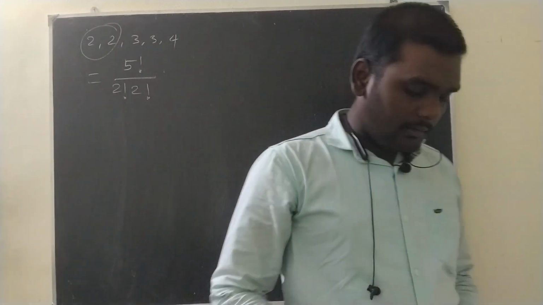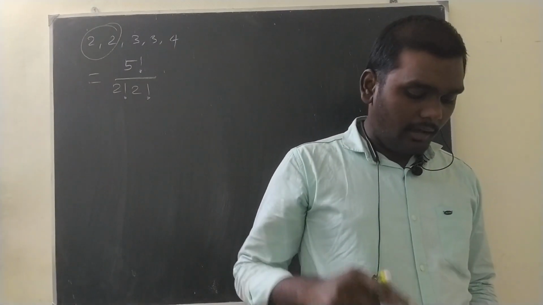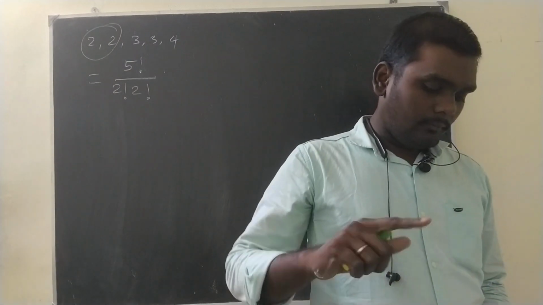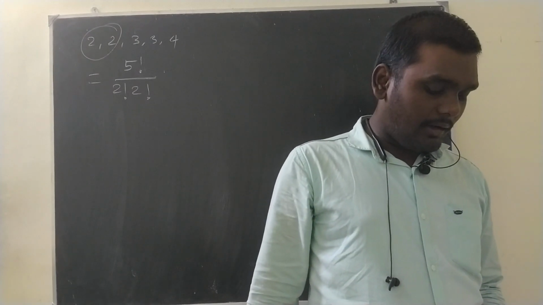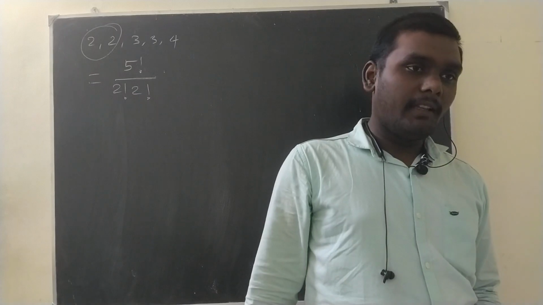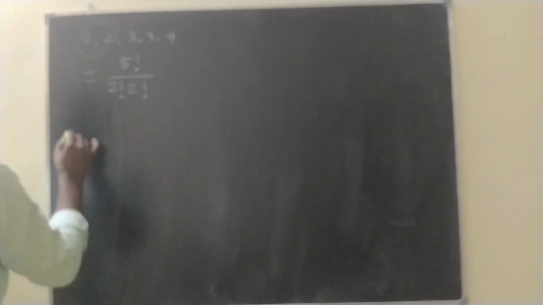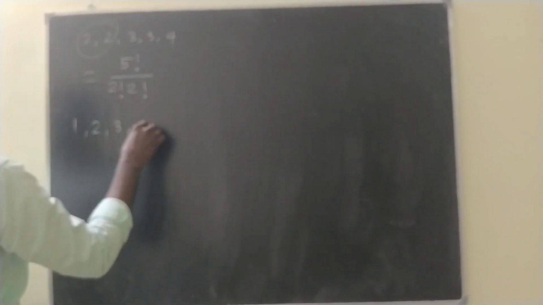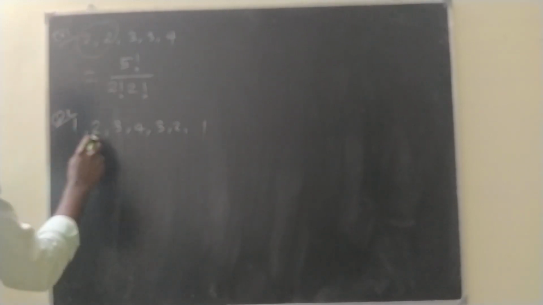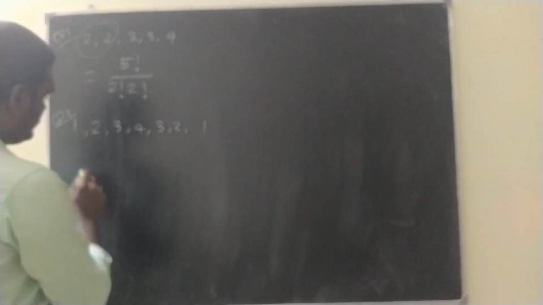Next, look at the second question. How many numbers can be formed using all the digits 1, 2, 3, 4, 3, 2, 1 such that even digits always occupy even places? The numbers given are 1, 2, 3, 4, 3, 2, 1. Totally how many? 7.